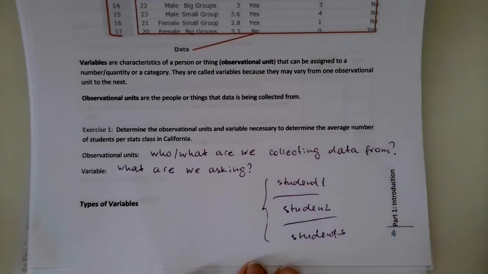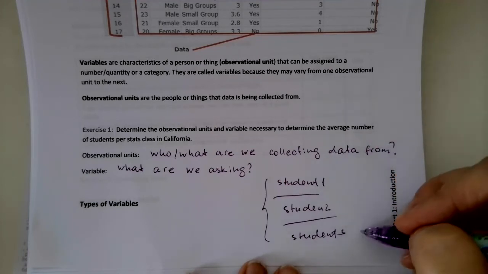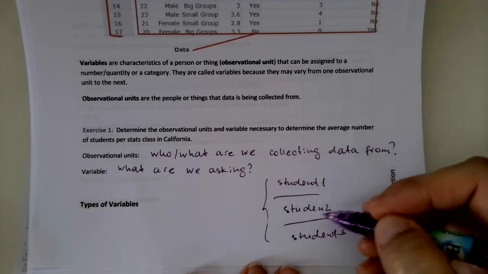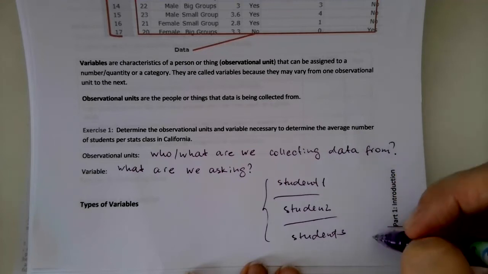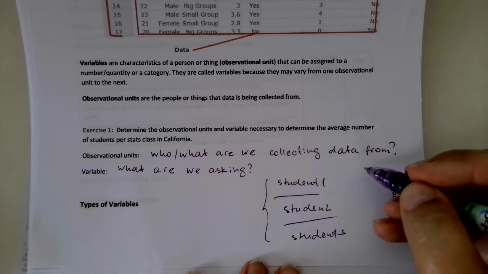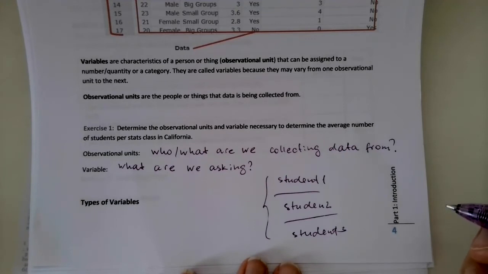And what are we asking them? Basically, what are we filling our second column with? The first column is student 1, student 2, student 3. We could put their names, but what is it going to be in our second column? You may say we're going to ask them how many students are in their class.